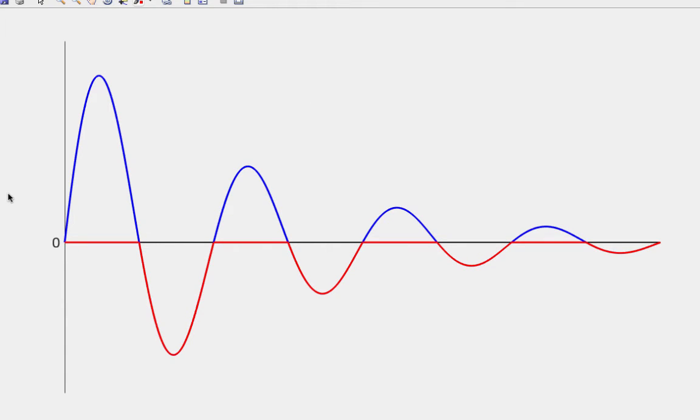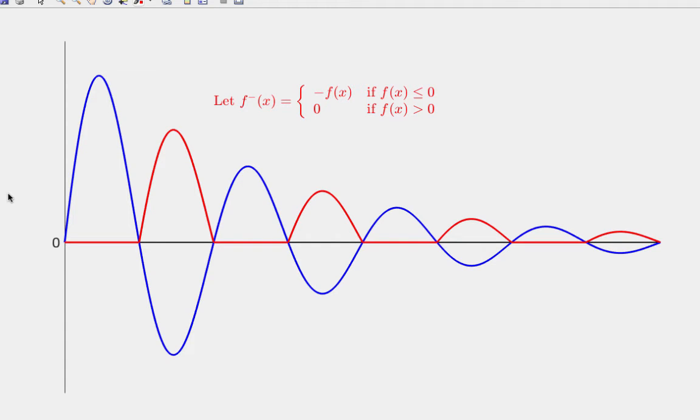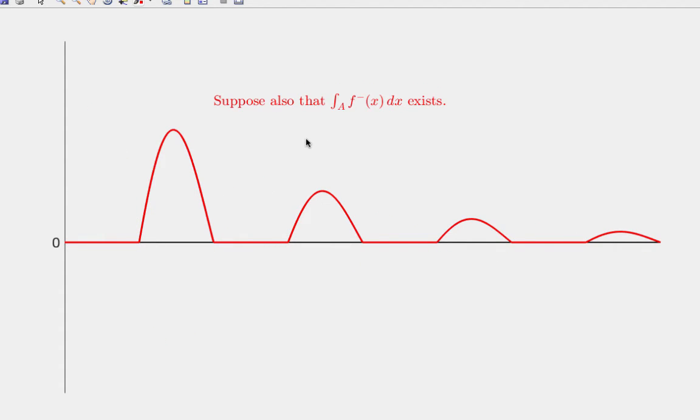Now let's consider the negative part. Now, of course, the negative part is, well, negative. But if I just turn it upside down, that is, take the negative of the negative part, then that becomes a non-negative function, and I can analyze whether that is integrable.